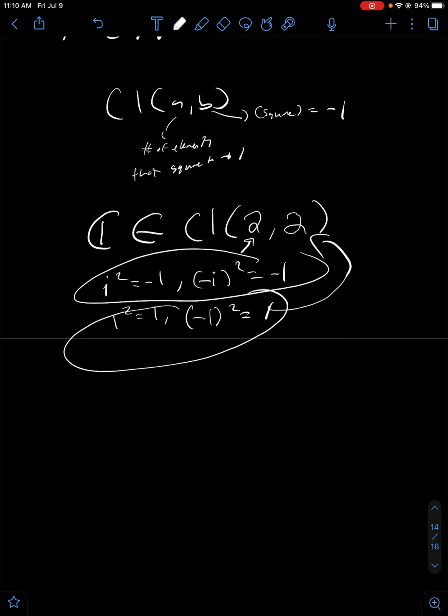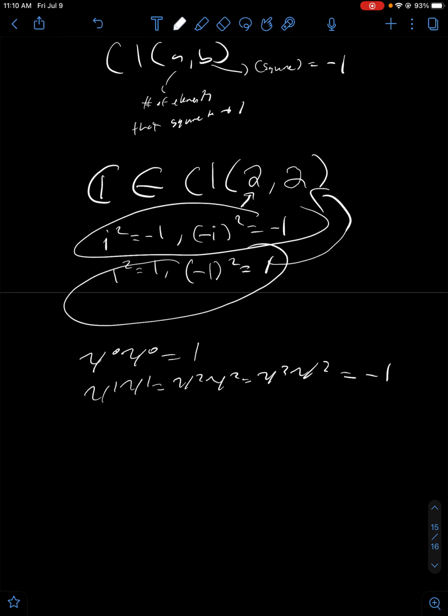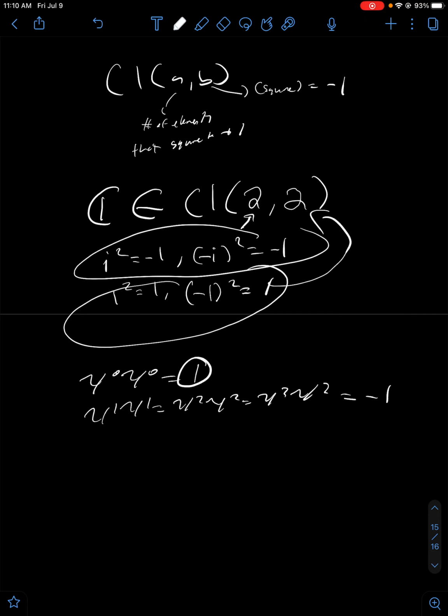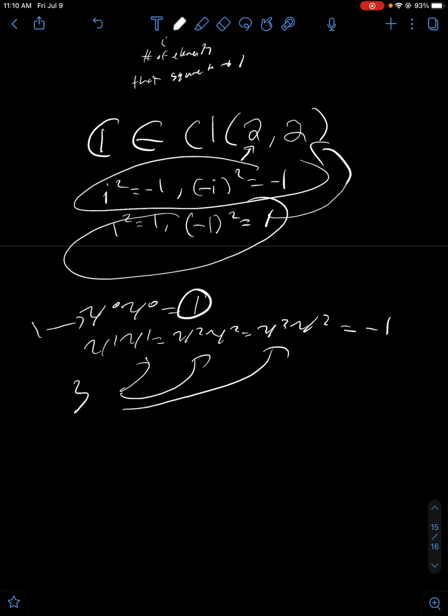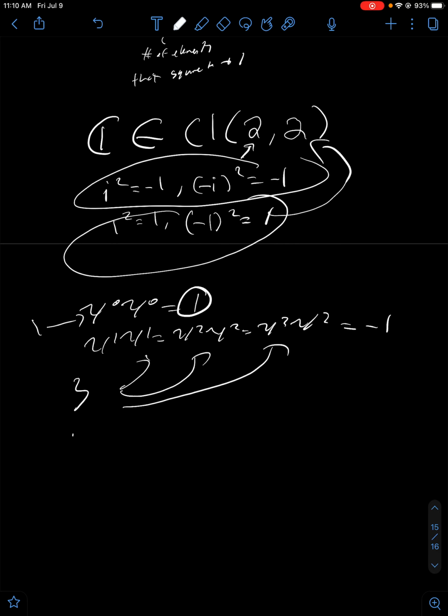Now, for our gamma numbers, gamma naught squares to 1, and gamma 1, gamma 2, gamma 3 square to -1. So 1 element squares to +1, and 3 elements square to -1. So the Spacetime Algebra is a member of the Clifford algebra 1, 3.